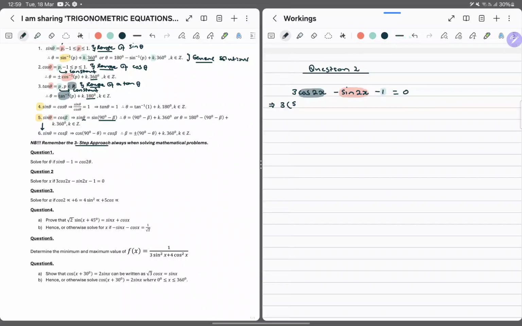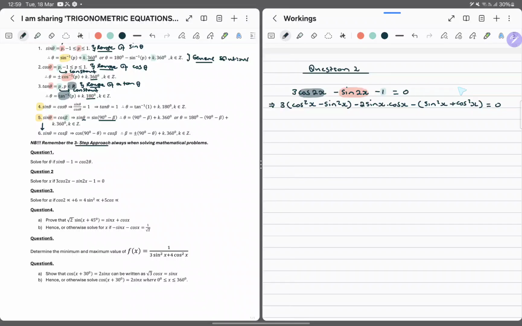So this is going to be cos squared x minus sine squared x. Minus this one decomposes to 2 sine x cos x minus, into 1 itself, which is just sine squared x plus cos squared x using the square identity, equal to 0.